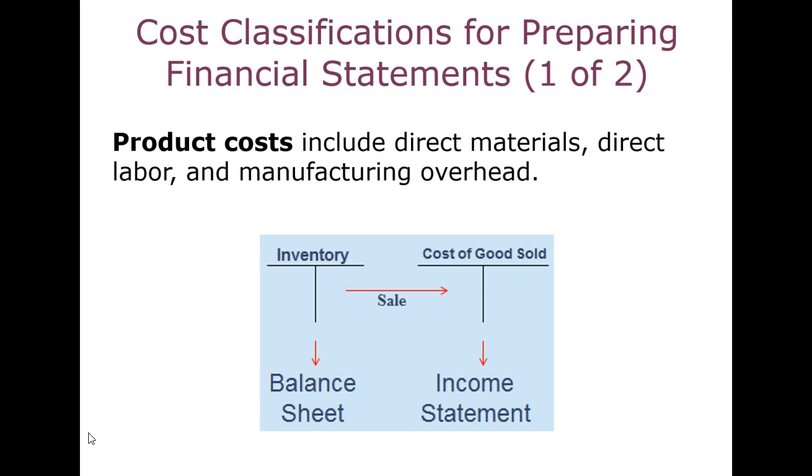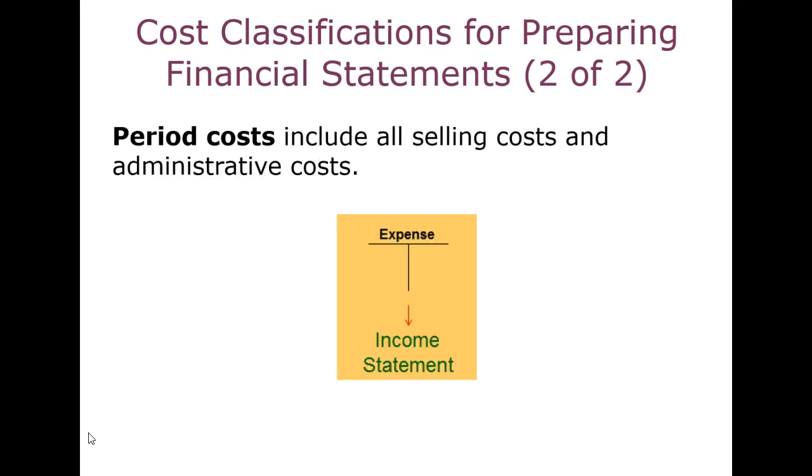So that's where the cost will leave the balance sheet and be transferred into the income statement as an expense. You saw that in your first course. Remember, when we computed gross profit, we had net sales, subtract cost of goods sold to get gross profit. That cost of goods sold number you had in the first course is the same thing we're talking about here.